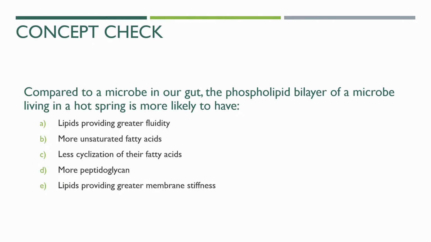So think about a hot spring and the effective temperature on the phospholipid membrane. So something that's living in a hot spring would probably need to have what feature in their lipid bilayer?